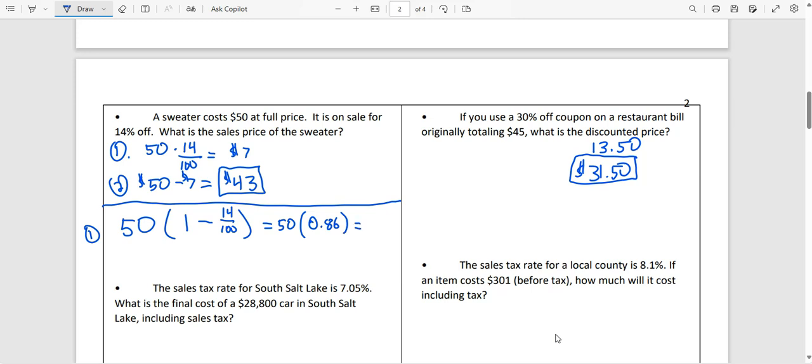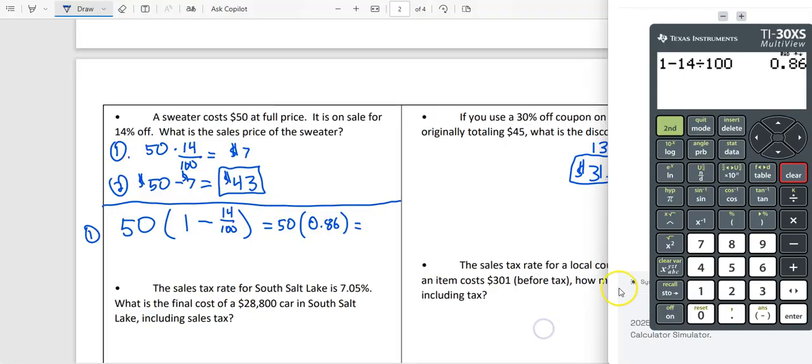And if we do that on our calculator, 50 times 0.86, there we go, $43.